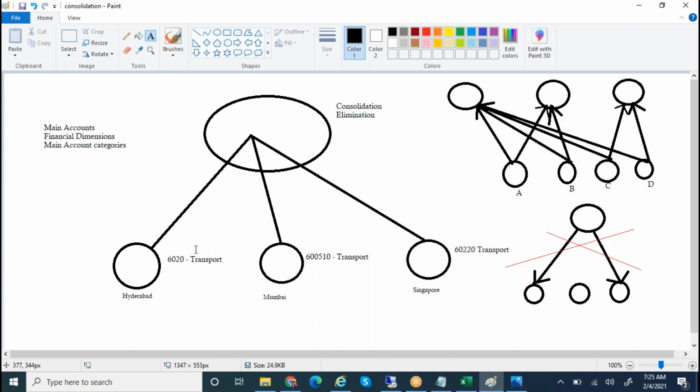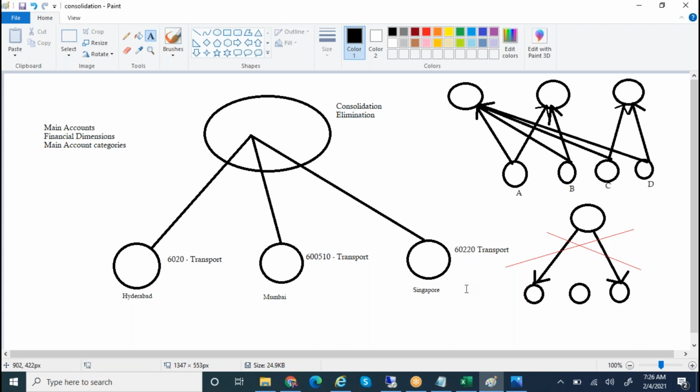But in case this legal entity, Hyderabad legal entity, is following number sequences like 6020, 6030, 6040, 6050, and for transportation charges, Mumbai company is following a 6-digit number, and this is different. Then what do I have to do? Understood the question?